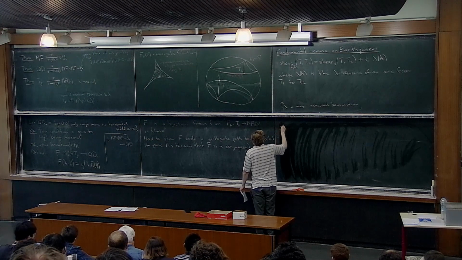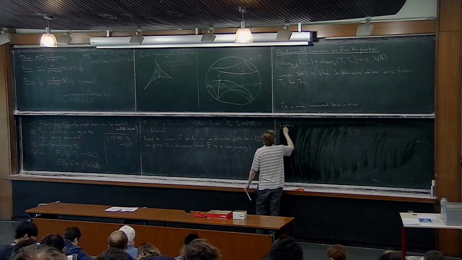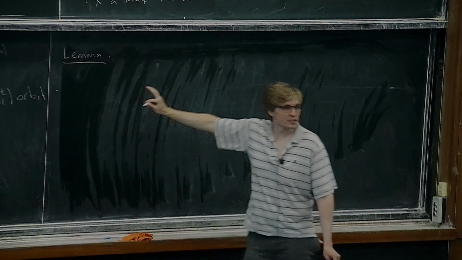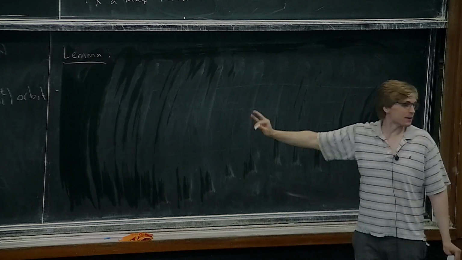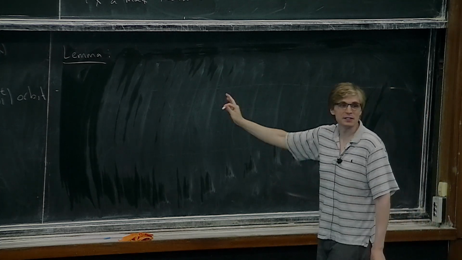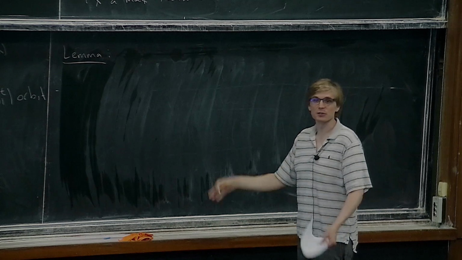Okay, so let me write down a lemma that will, I'm not sure if this is completely required, but it'll clarify things, and I think we'll do a little bit of easy work on the quadratic differential side, and everything will seem a little easier.